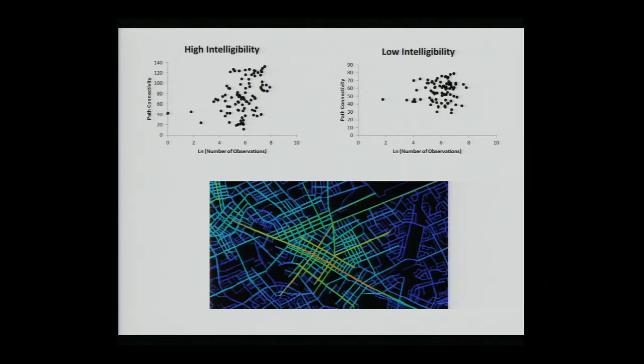If it's less connected, you'll see fewer. That's precisely what I've depicted here in the scatter plot, where we have the number of observations at a given point for every path in the area of the environment, and we have plotted the connectivity for each of the locations. There's actually a fairly strong relationship between the two, but only when the environment is constructed systematically.